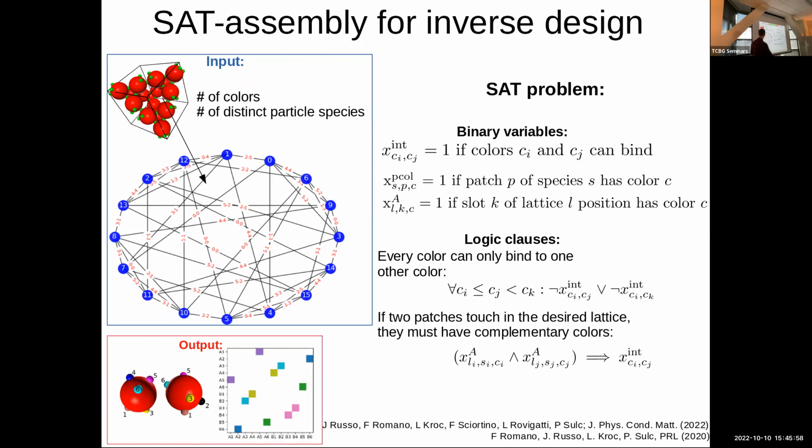So you say to the algorithm, I want to design this lattice. This says that the particle in position 1 interacts with the particle in position 0 through sticky ends number 2 and 5. And I want the algorithm to tell me which patch should be compatible with which other patch. And there is a combinatorial explosion of all the possible interactions that would exist. So I cannot test all of them in simulation.